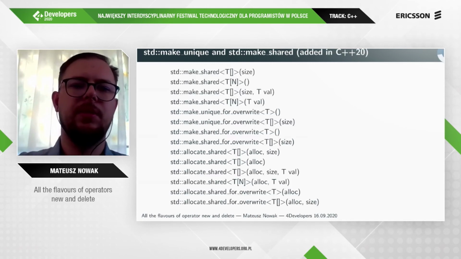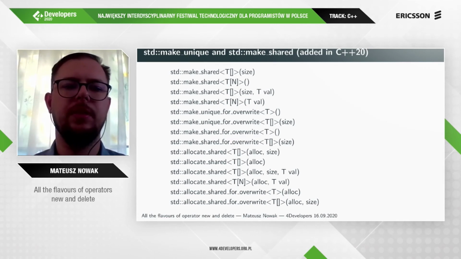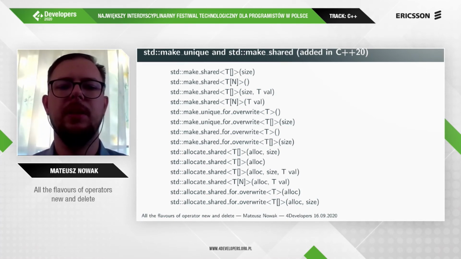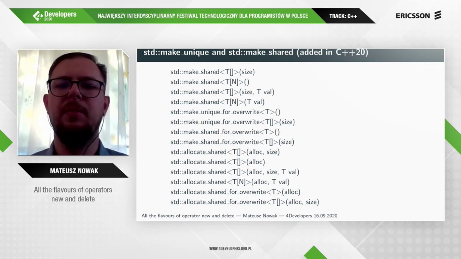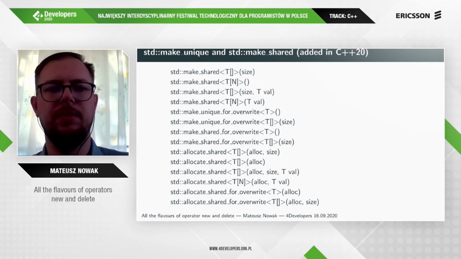Okay, so also for C++20, we have a bunch of other overloads for those functions. Now make_shared can do arrays, both runtime size and compile-time size, as well as allocate_shared. And the interesting thing here is the functions with the for_overwrite suffix, because previously those without the suffix were always triggering value initialization if we didn't pass a value or parameters to the function.